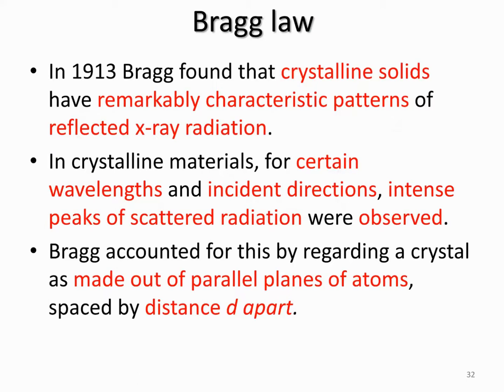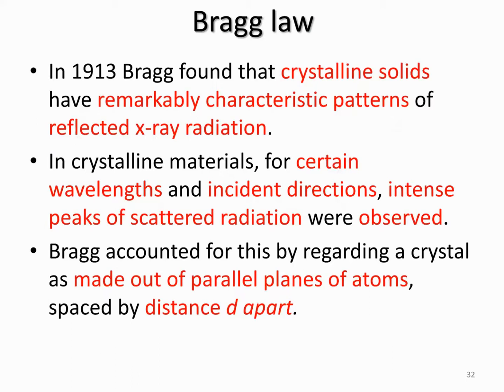So from that time onward, they started to research how to use X-ray diffraction to study the structure of the crystal. So in crystalline material, for certain wavelength and incident direction, intense peaks of scattered radiation were observed. This was observed because diffraction had happened. Okay, interference has happened.